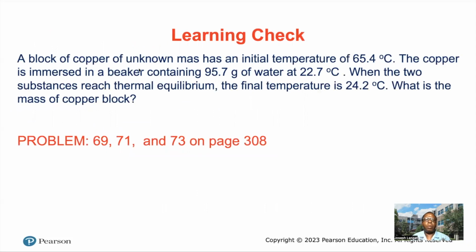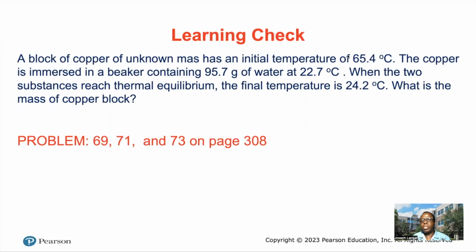A block of copper of unknown mass has an initial temperature of 64.5 degrees Celsius. So we need 3 significant figures at the end because of the first value we look at here. The copper is dropped in a beaker containing 95.7 grams of H2O at 22.7 degrees Celsius.